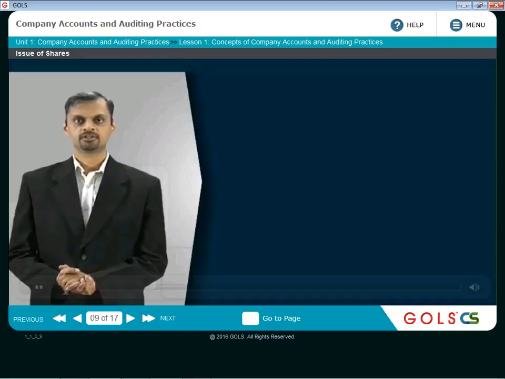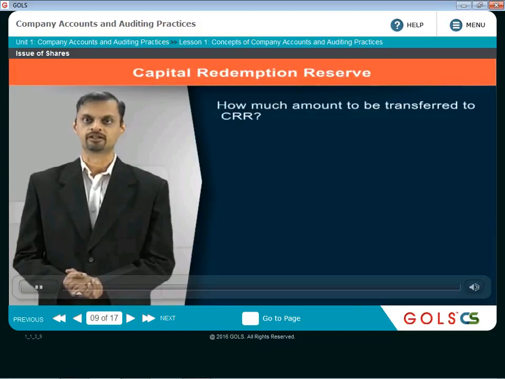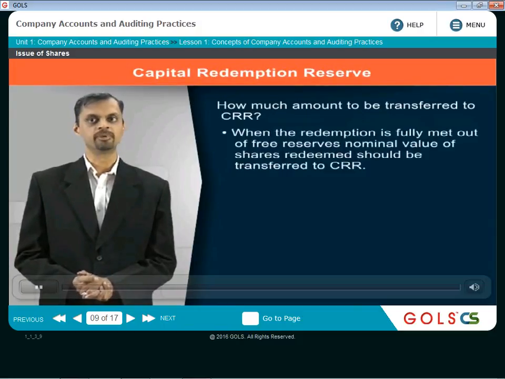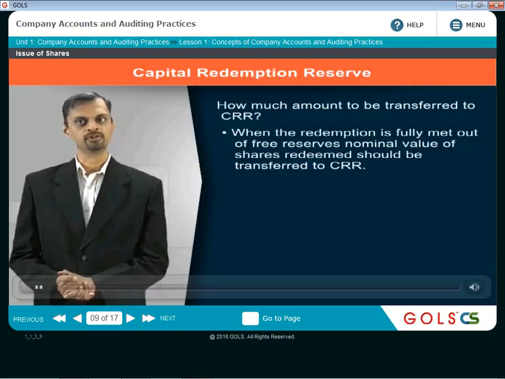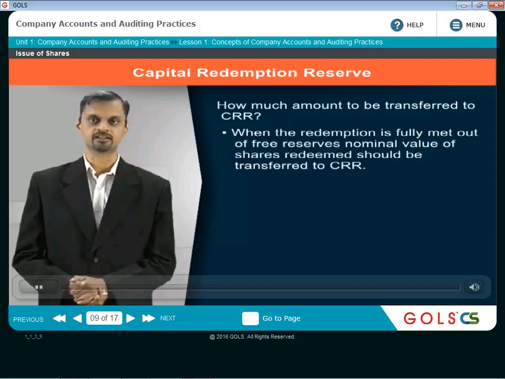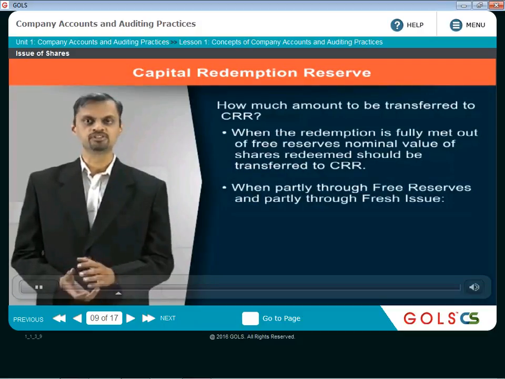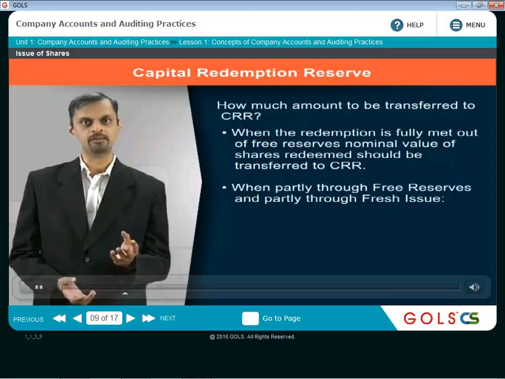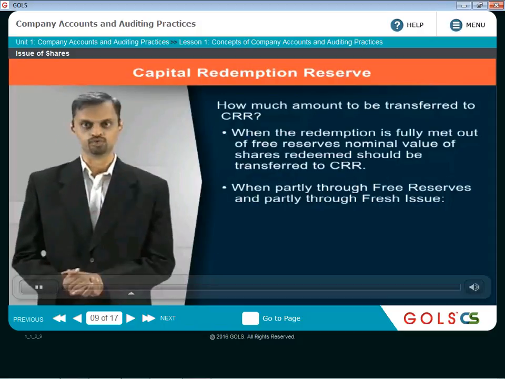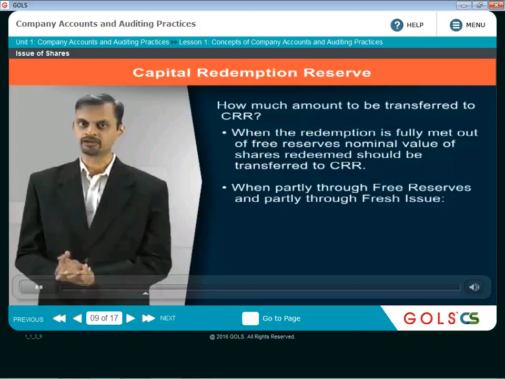Now, in case of redemption of preference shares, how much amount has to be transferred to CRR? When the redemption is fully met out of free reserves, the nominal value of shares redeemed has to be transferred to CRR. We said that in the earlier slide. When the redemption is happening partly through free reserves and partly through fresh issue, then whatever is happening out of free reserves, that much will have to be transferred to CRR.